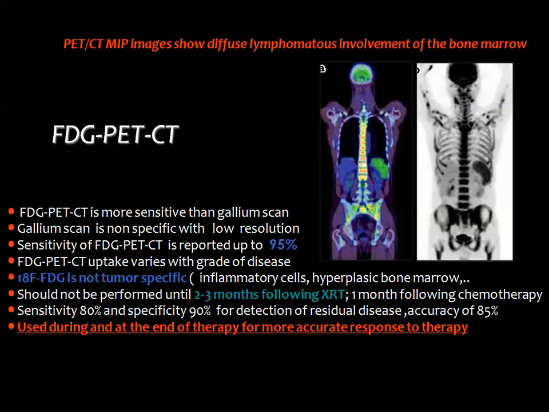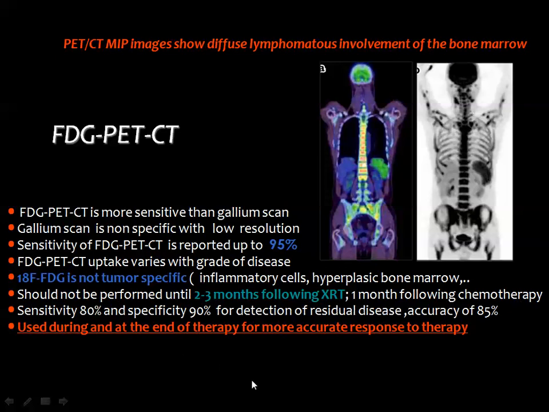And you cannot say for sure that this belongs to lymphoma or to other types of malignancies or even inflammatory lesions. It's important to note that we may perform the PET-CT 2 to 3 months following radiotherapy and 1 month following chemotherapy.